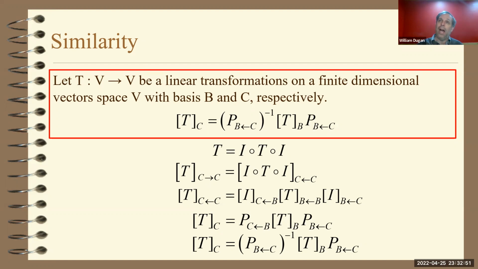It's a way to go when I don't like the current matrix for a certain transformation relative to a basis and I want to know what it is relative to a different basis. It's really easy. In particular, it's really wonderful if we can find a basis so that the result is a diagonal matrix.